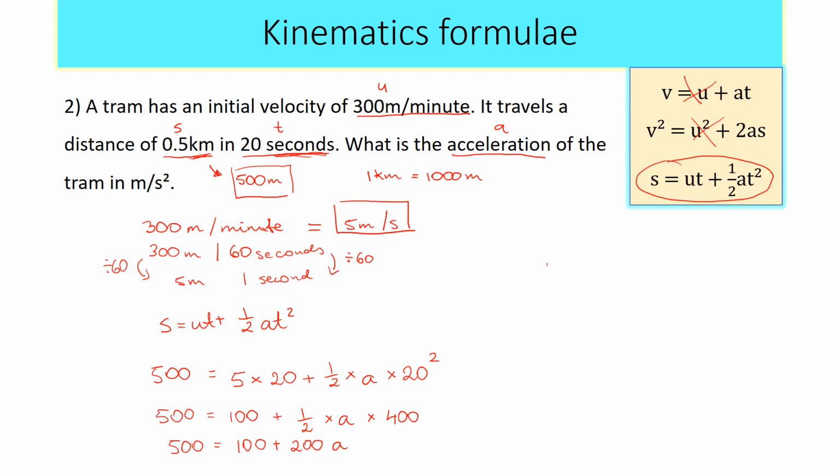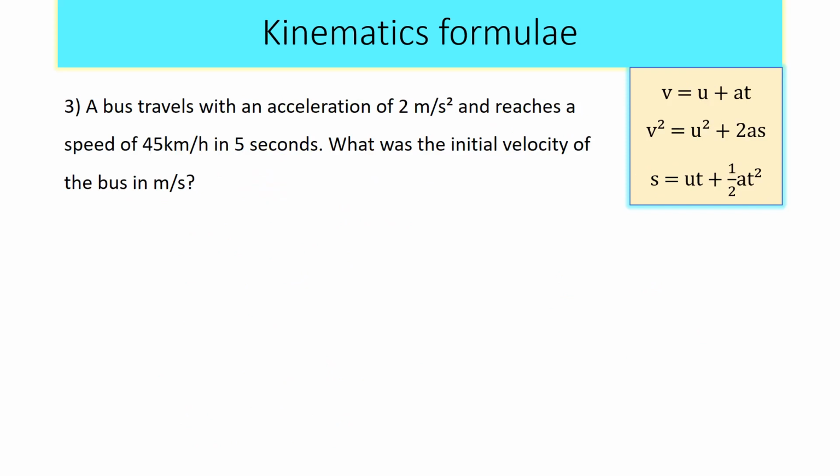We want to take away 100 from both sides, so that's going to be 400 equals 200a. Now we divide both sides by 200, and a equals 2. Remember, the units is meters per second squared.